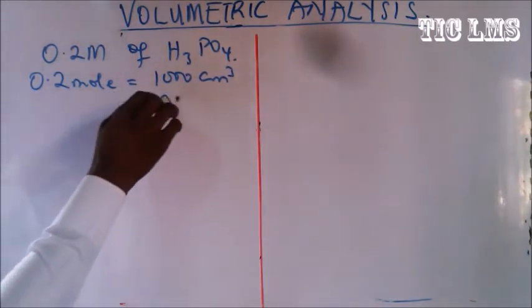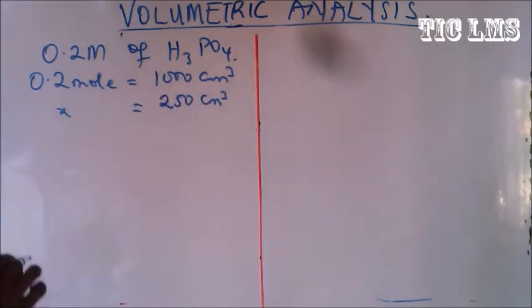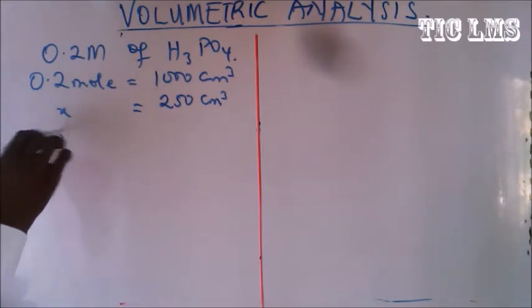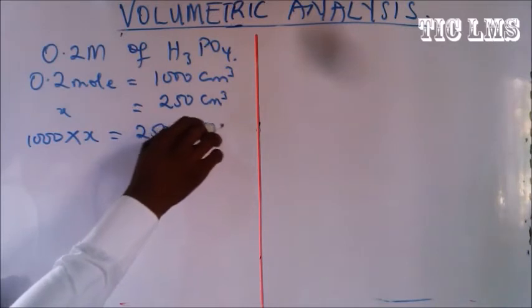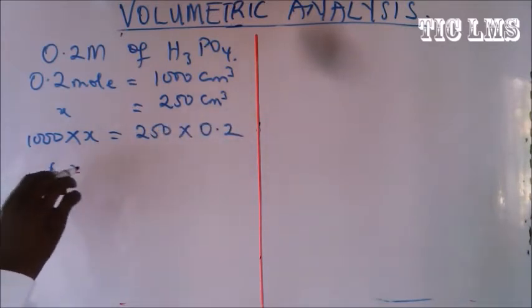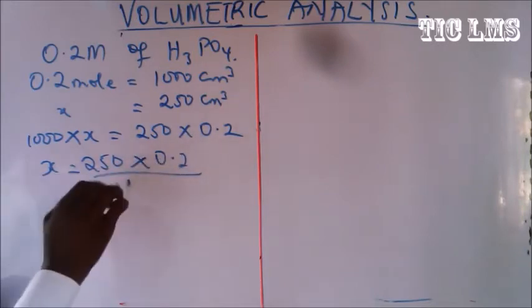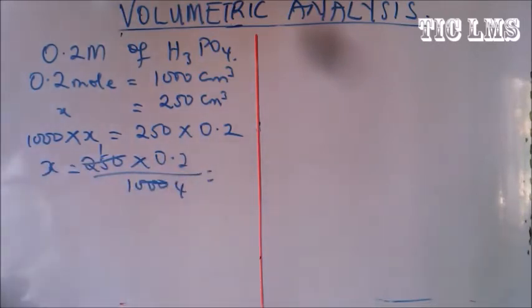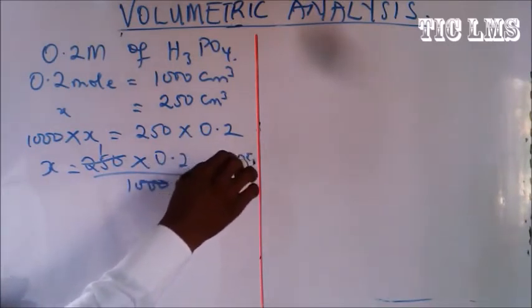Therefore, in 250 cm³, how many moles are we going to have? We'll cross multiply, and we have 1000 multiplied by x equals 250 times 0.2. Hence, x equals 250 multiplied by 0.2 over 1000. And so this gives 0.05 mole.